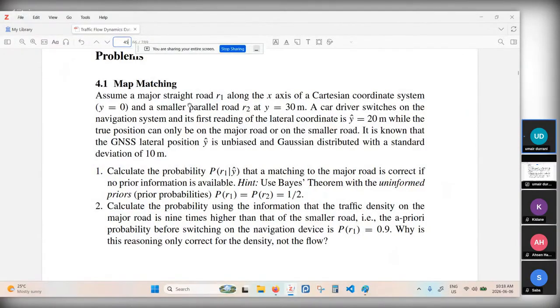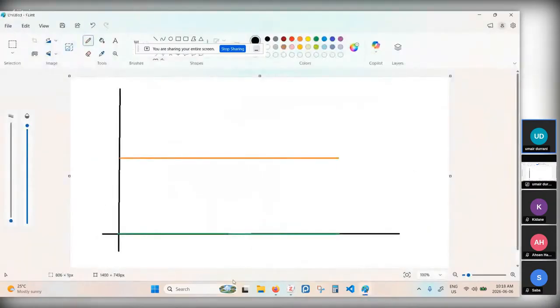It says a straight road R1 along the x-axis of a Cartesian coordinate system where y is equal to 0, and a smaller parallel road R2 at y is equal to 30 meters. So here, this is at y equals 0 and this is at y equals 30 meters. This is R1 and this is R2.